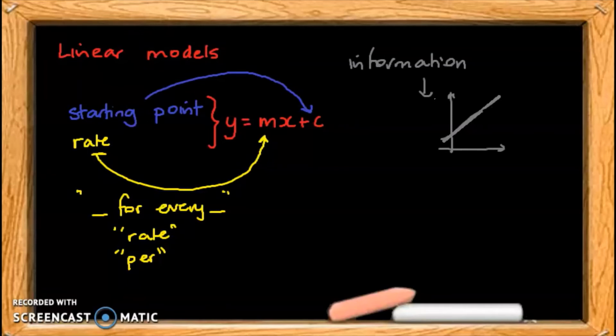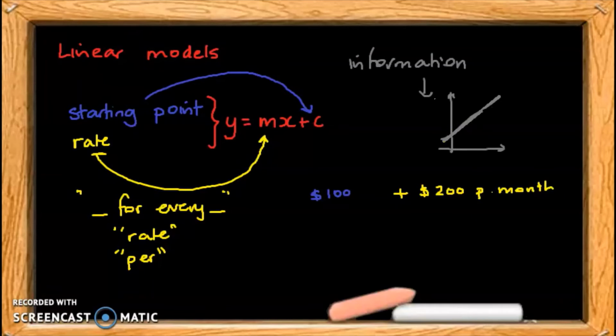So if I had some business application where I was told somebody started with $100 and then they increased that, which would be a plus, by $200 per month, then I know my gradient is $200 per month, and then that gives me a whole lot of information for my graph.